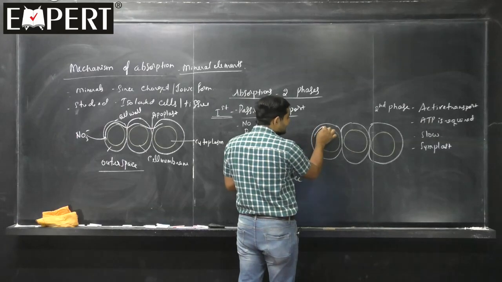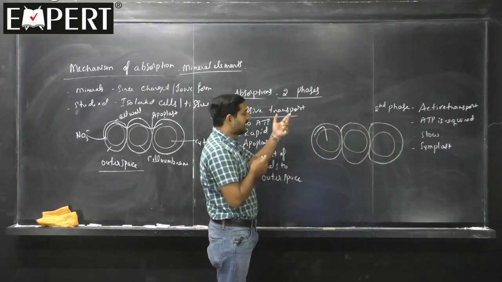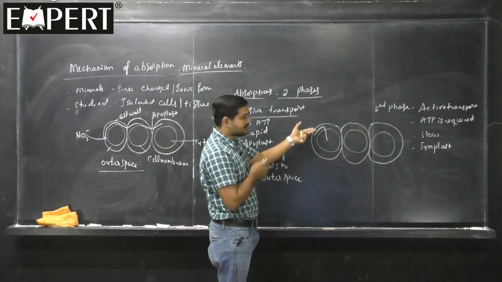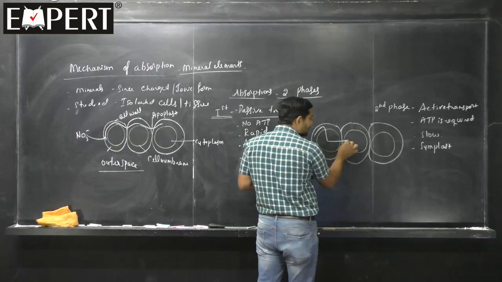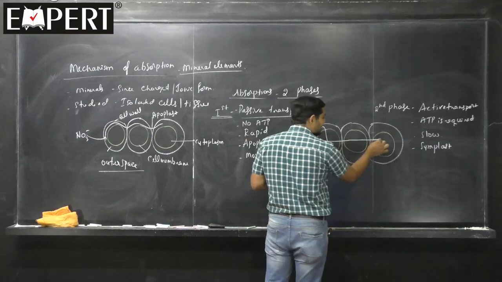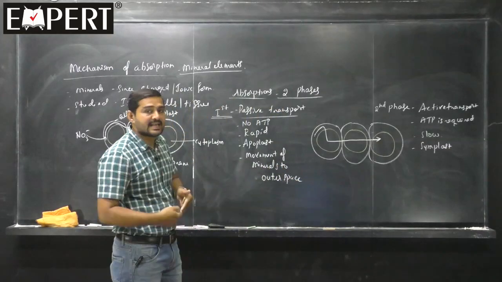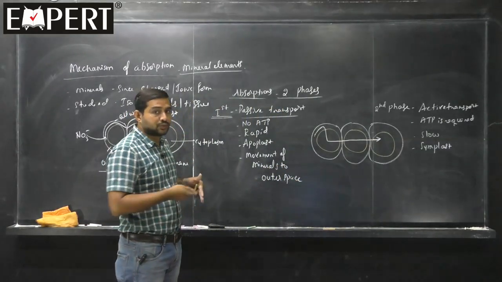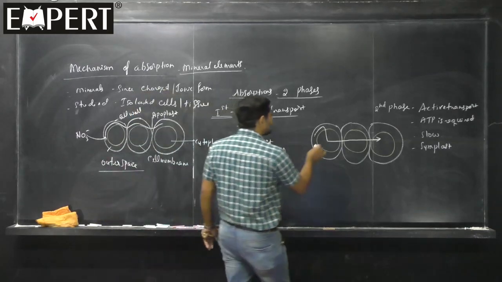Now the minerals get entry from the intercellular space into the cell membrane, and they can cross from one cell to another cell through the plasmodesmata. This movement of minerals into the cell through the plasmodesmata or through the cell membrane is called symplast.